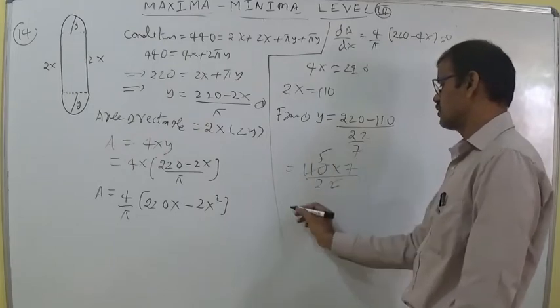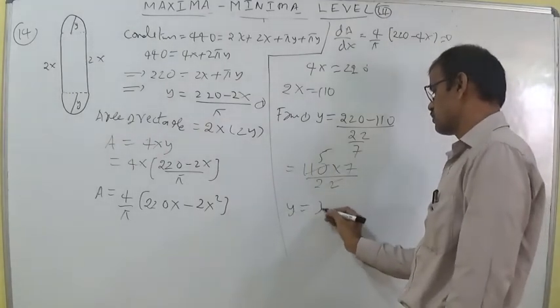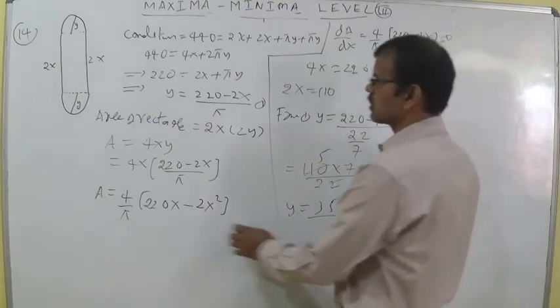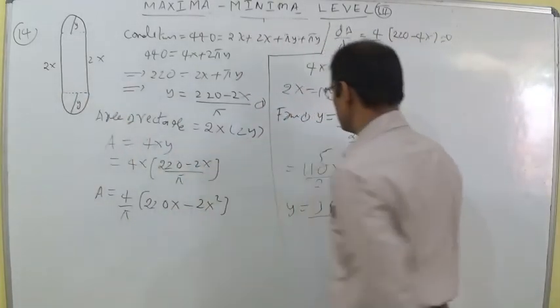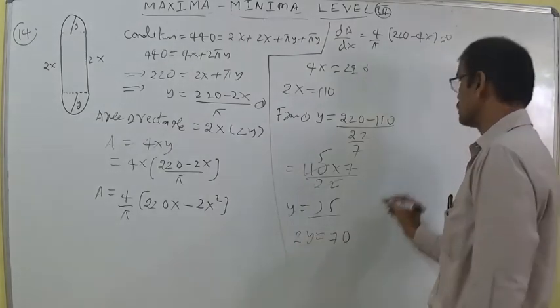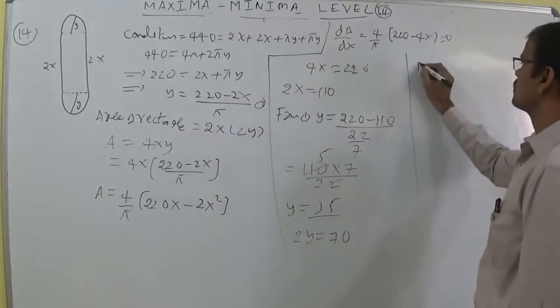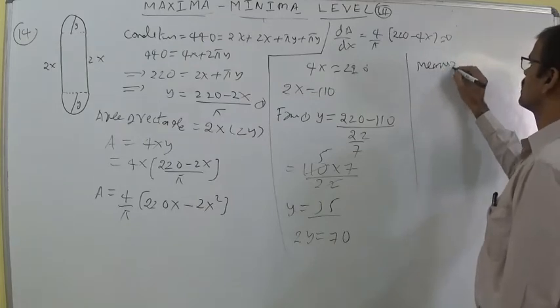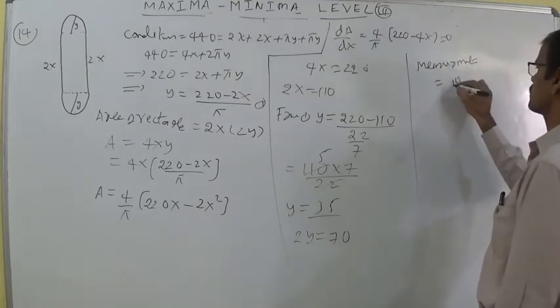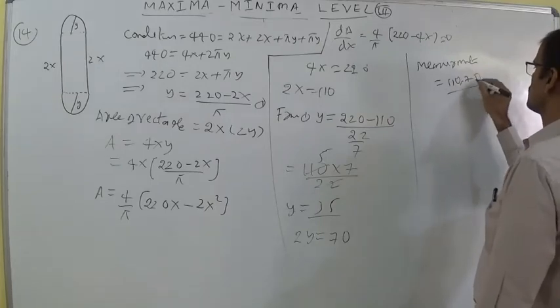This is 5, so y is equal to 35. We need not y, because this is 2y, this is y and this is y. So 2y is equal to 70. So the measurements of the rectangle are 110, 70.